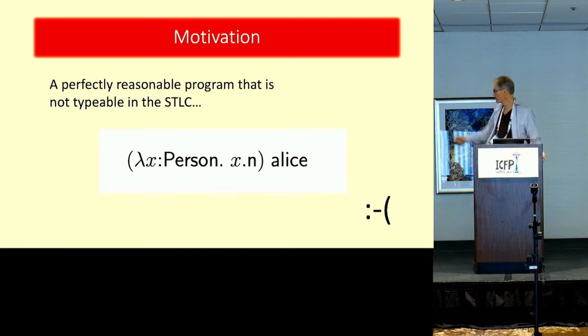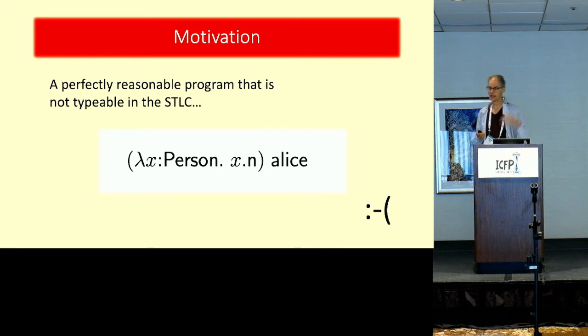So here, Alice, you may remember from 10 slides ago, is a student, a record with 2 fields, a name and a GPA. But this function wants a person, doesn't match, not well typed. So that's bad. We would like to have more flexibility.